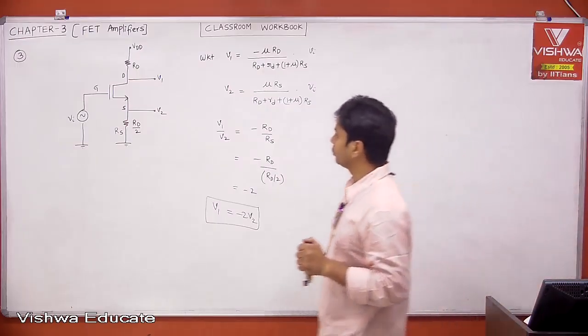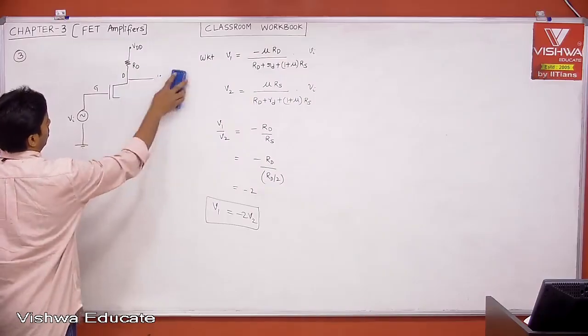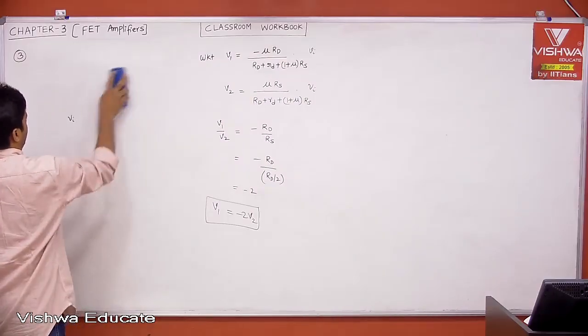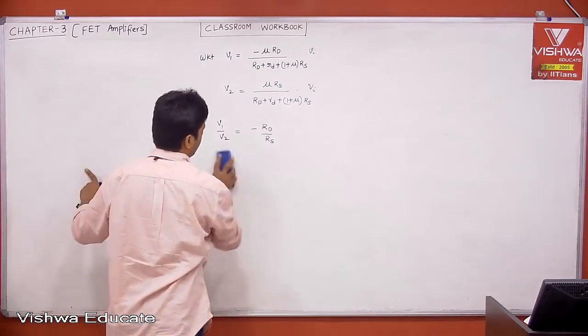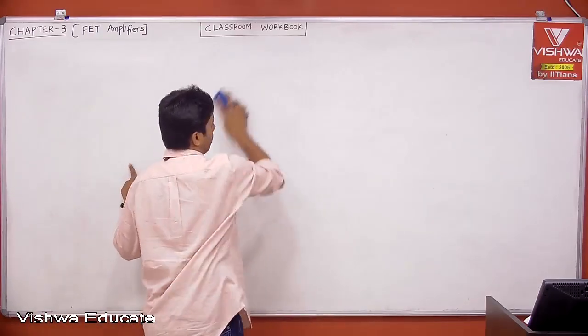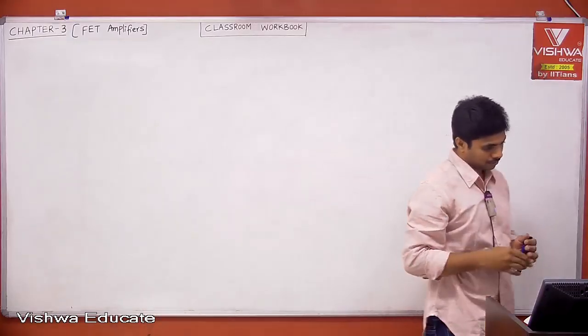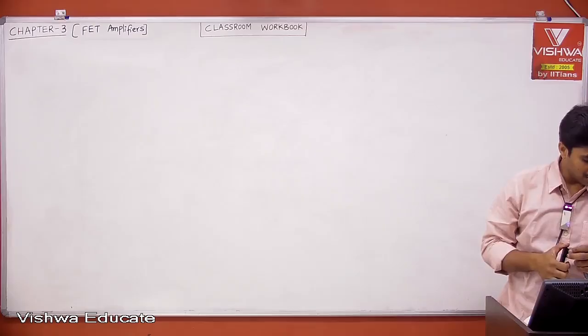Problem number 4. Two identical NMOS transistors M1 and M2 are connected as shown below.